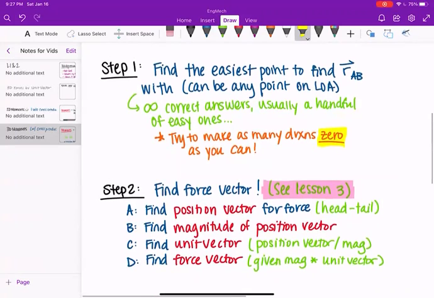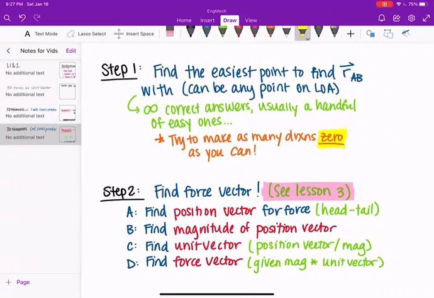Step 2 is exactly what we did in lesson 3, where it's finding the force vector. I'm not going to go too deep into the details of that because I already have a video on it. Essentially, you find the position vector connecting the head and the tail of the force itself.